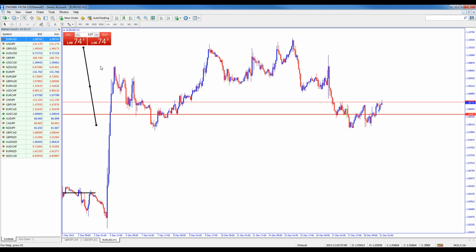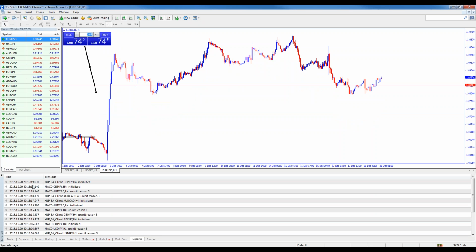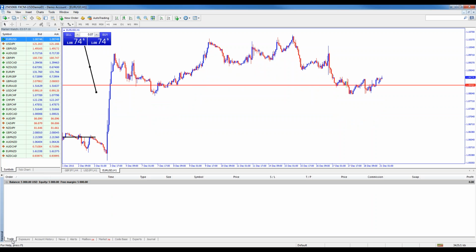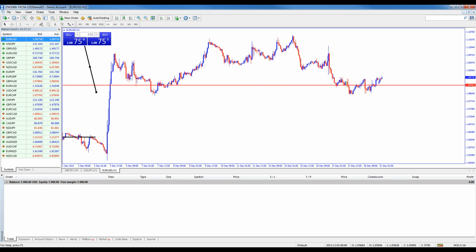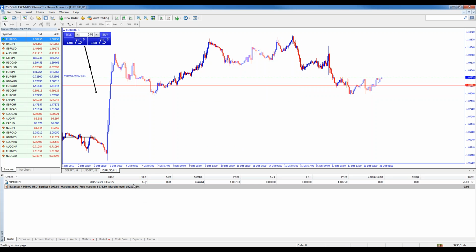Then there's another one called lot sizes. I'm going to do this right here in front of you. Let's do View, Terminal, then Trade. Let's do the smallest lot. Let's buy. Hopefully this works. What we just did was buy the smallest lot available.